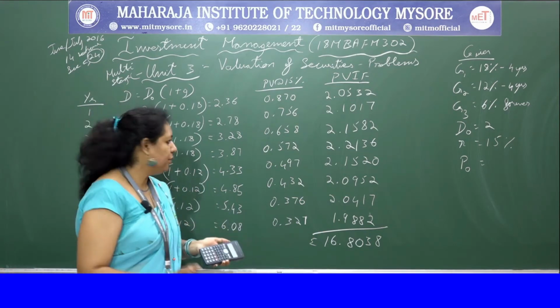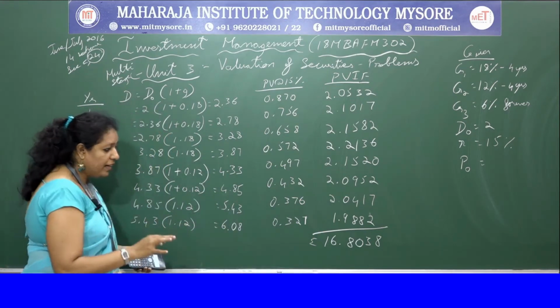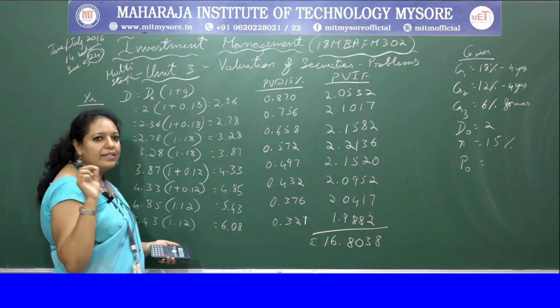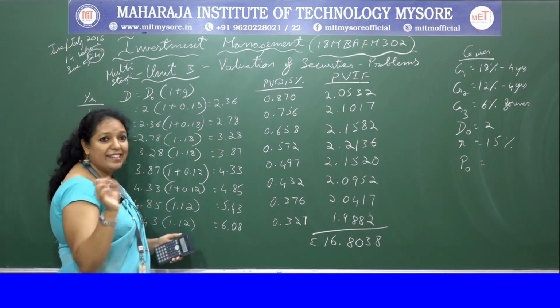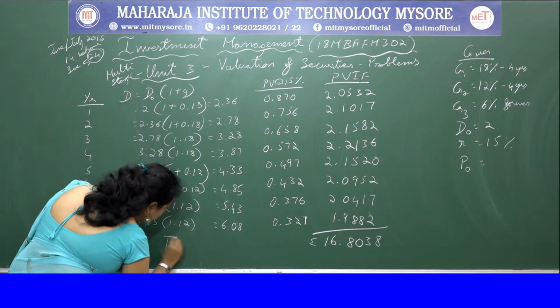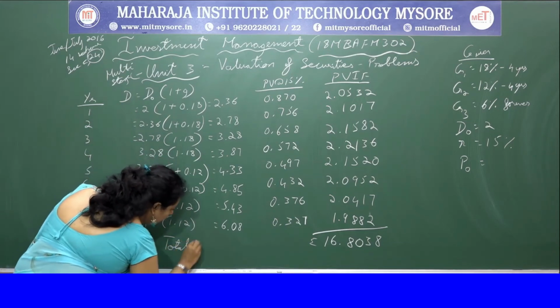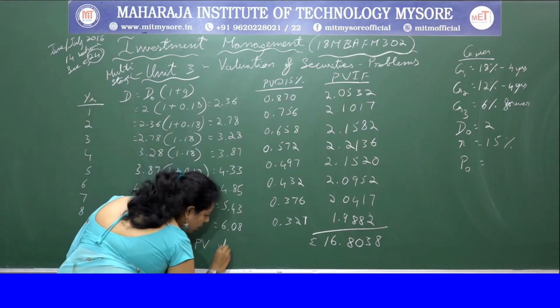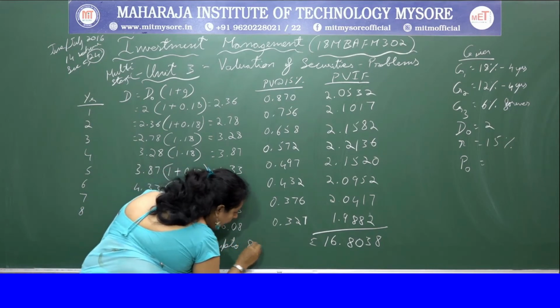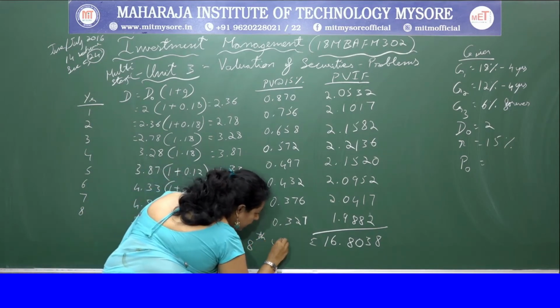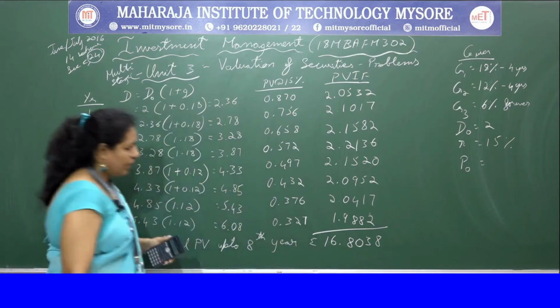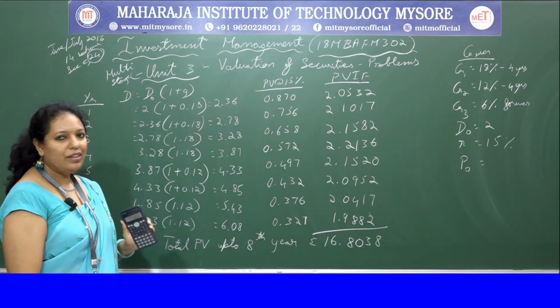Okay, so what you need to write here is total present value up to 8th year.